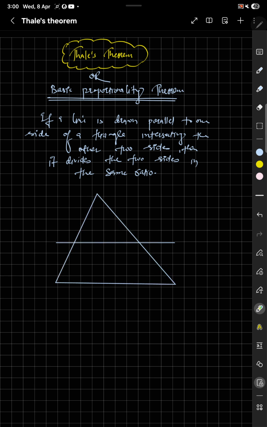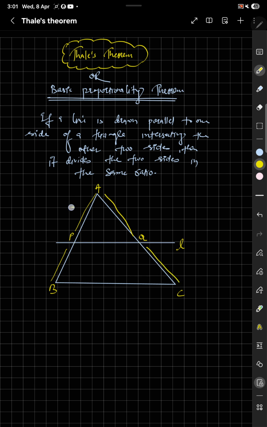Means, if triangle ABC is given to you and this is line L, which cuts the other two sides, is parallel to the third side BC, and intersects the sides AB and AC at point P and at point Q, dividing the lines AB and AC in the same ratio.